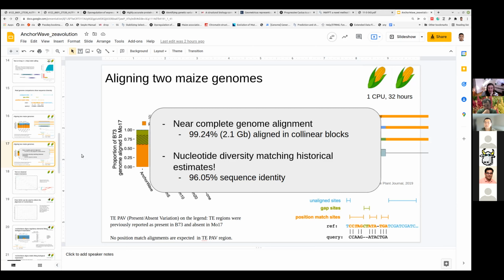This is just different nucleotides from the perspective of the reference genome. So any of these orange sites, this is just the number of mismatches at orange sites divided by the total number of orange sites. So your estimate of average pi in the maize genome is 4%. Yes. Cool.